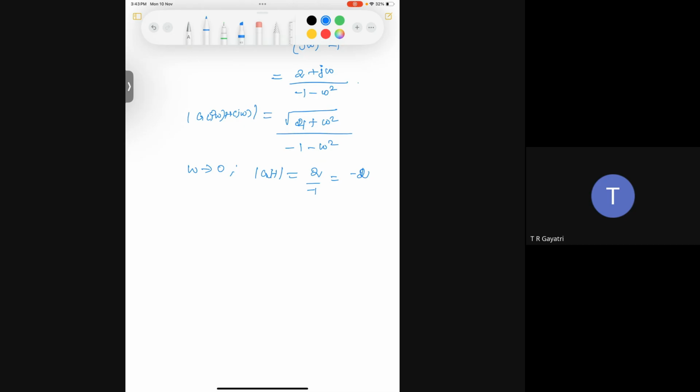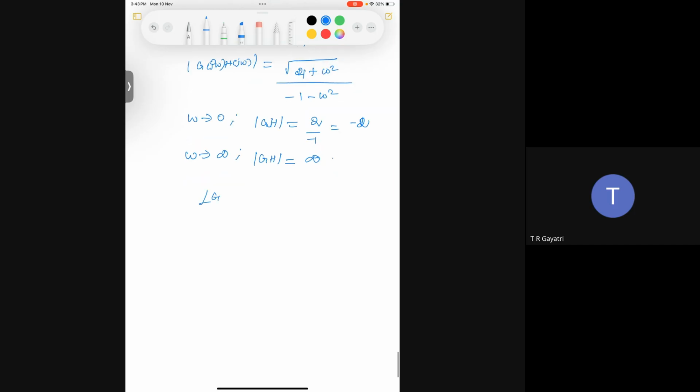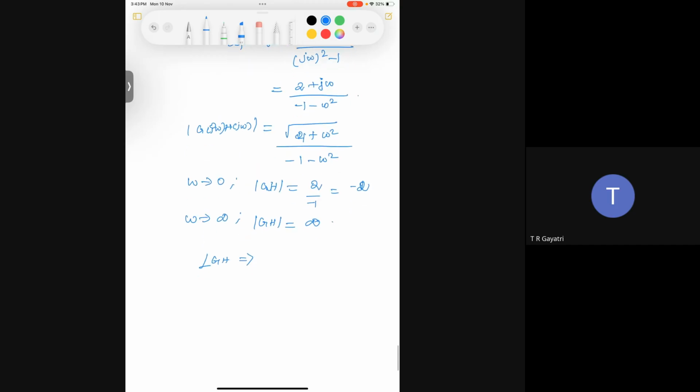When omega tends to infinity, GH becomes infinity by infinity, so we cannot say anything; just infinity it is. If I find the angle of GH, how would it look?